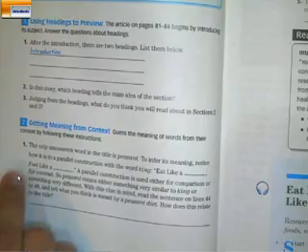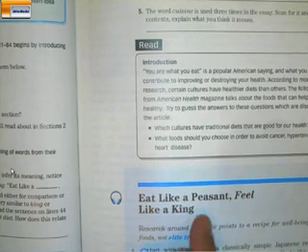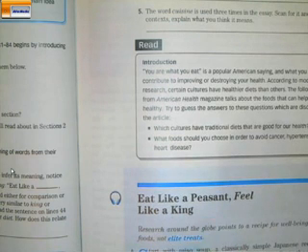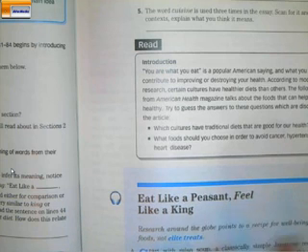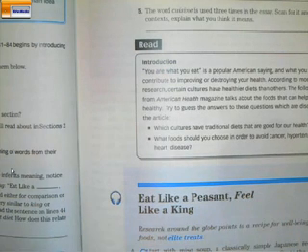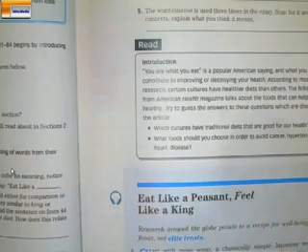It says here the only uncommon word in the title is peasant. Let's read the title: Eat like a peasant, feel like a king. You know the meaning of eat, you know the meaning of like, you know the meaning of feel like a king. You know all of these words, but you don't know the meaning of peasant. Peasants are very simple people who work as farmers.